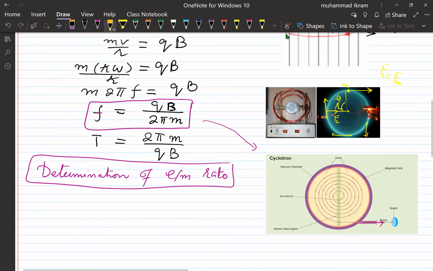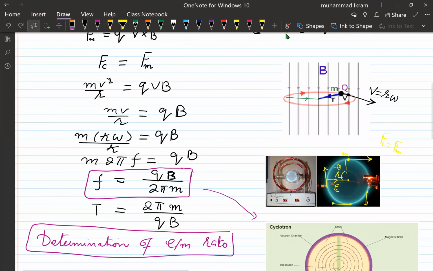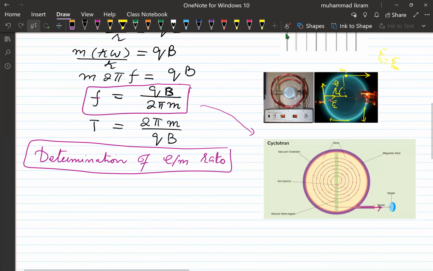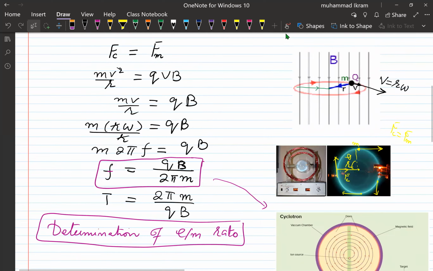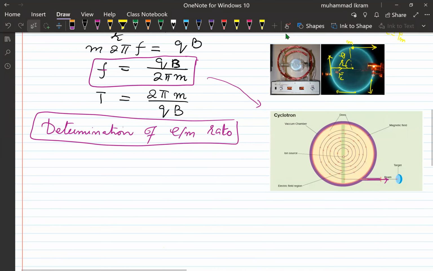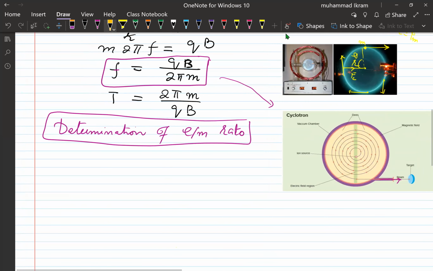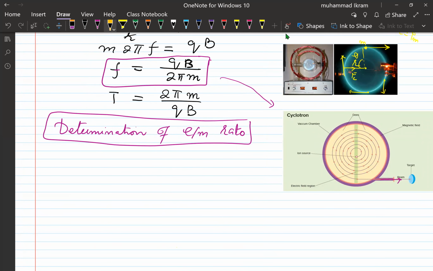They have just left out the detail of the cyclotron frequency. They just mentioned the frequency of the cyclotron, and did not tell anything else. The next one is the determination of the E by M ratio. The E by M ratio can be found from the same equation.